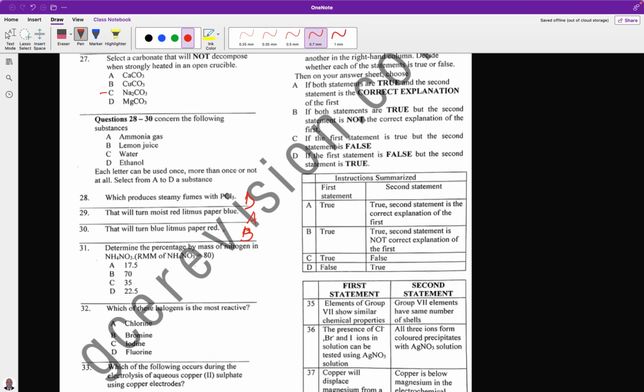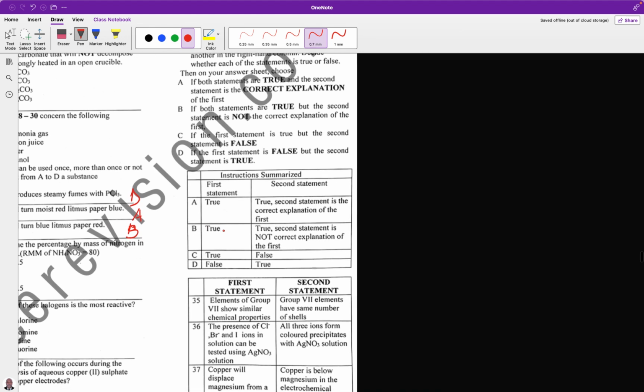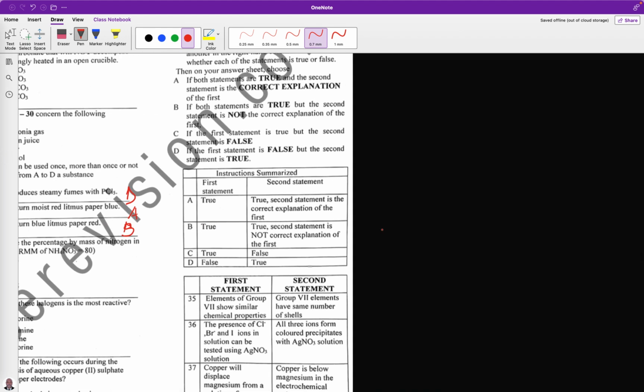Okay, question number 31. Determine the percentage by mass of nitrogen in ammonium nitrate, given the relative molecular mass of ammonium nitrate as 80. In order to determine the percentage by mass of nitrogen, what is the mass of nitrogen?